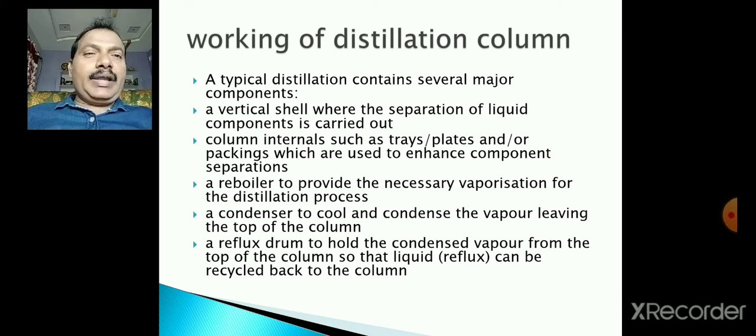So a typical distillation column contains several major components. A vertical shell where the separation of liquid components is carried out. The column internals such as trays, plates and or packings which are used to enhance component separations.